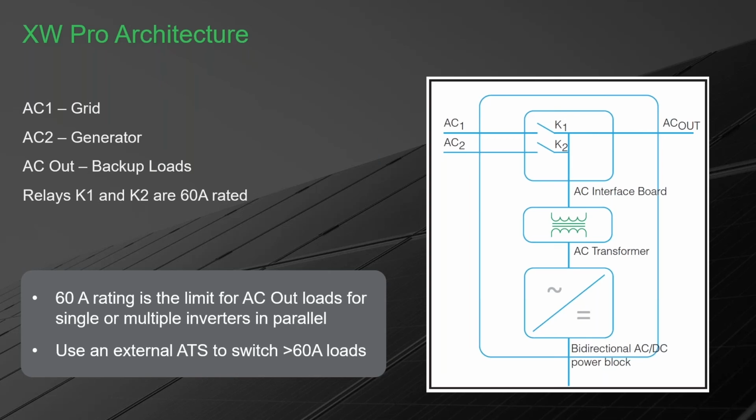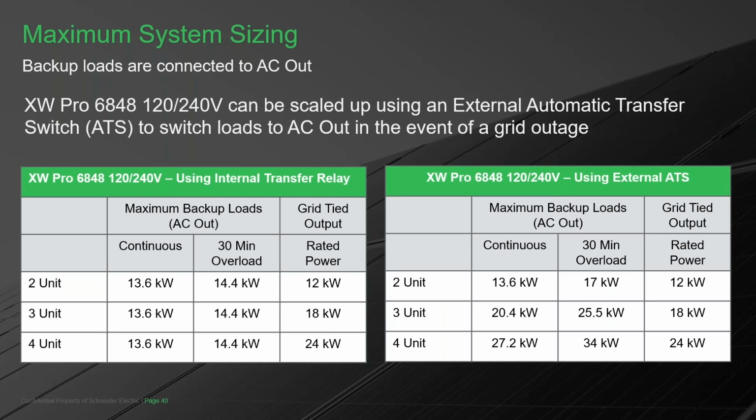So the only way to be sure that you're never going to exceed the maximum is by making sure that the critical load panel or protected load panel, corrected my mistake there, the backup panel doesn't have any more than 60 amps or 13.6 kW continuous on the backup loads.